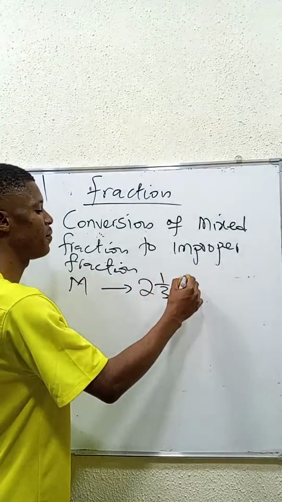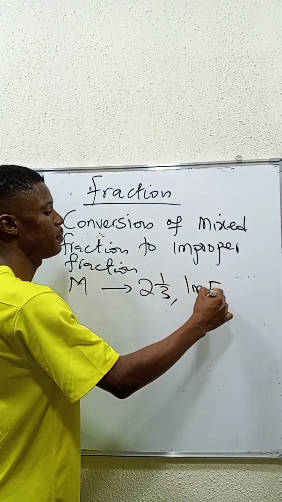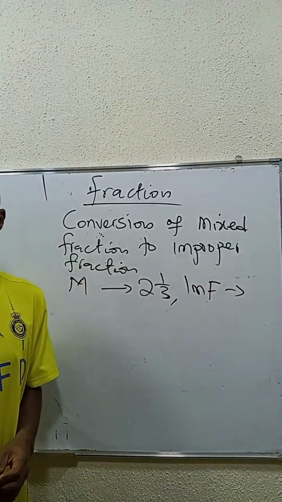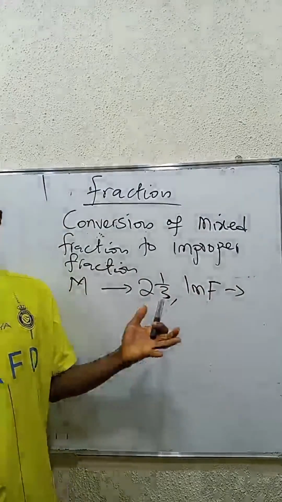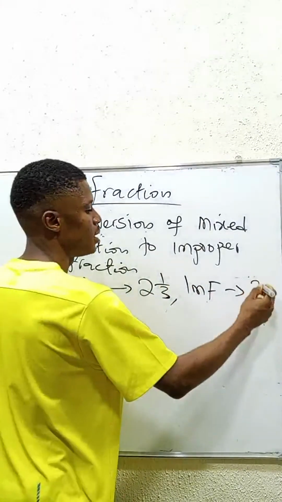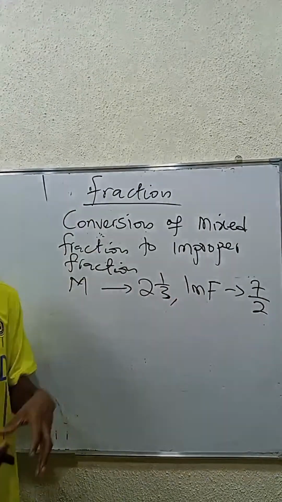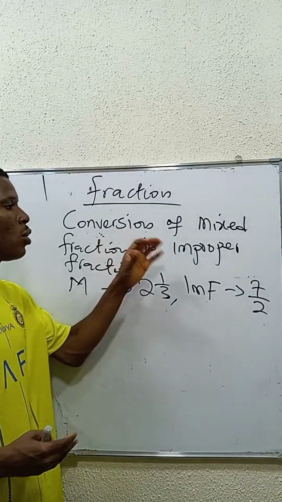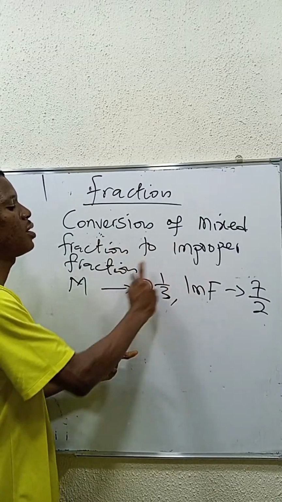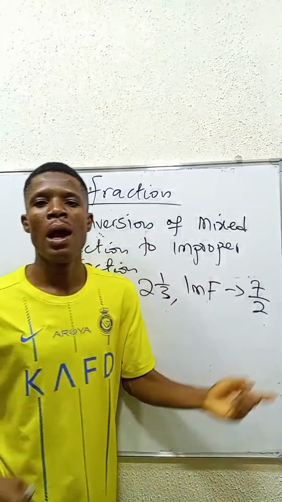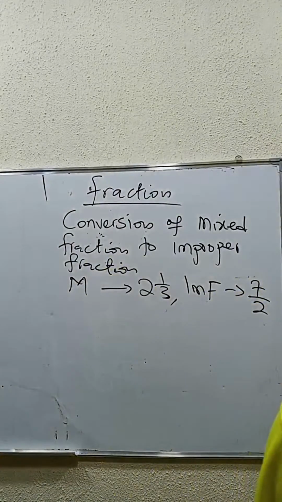And an improper fraction is just a type of fraction where the numerator is bigger than the denominator. You can have 7/2. These are examples of this type of fraction. And our goal today is to learn how to convert this type to this type. Once we understand it, we are good to go.